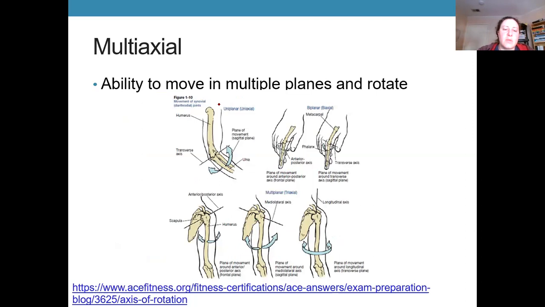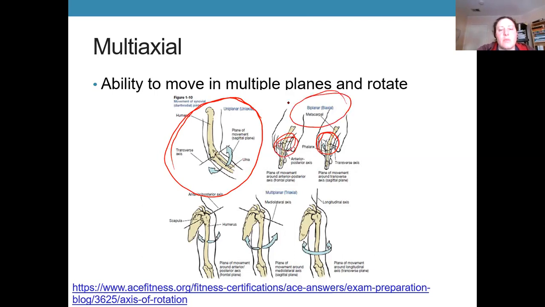So this diagram is showing you different examples of those things, and we're going to cover them more in a second. But here, for example, we have a uniplanar or uniaxial movement at the elbow. So the elbow can just do this, up and down. Here we're looking at what you can do with your fingers at the knuckle joints.